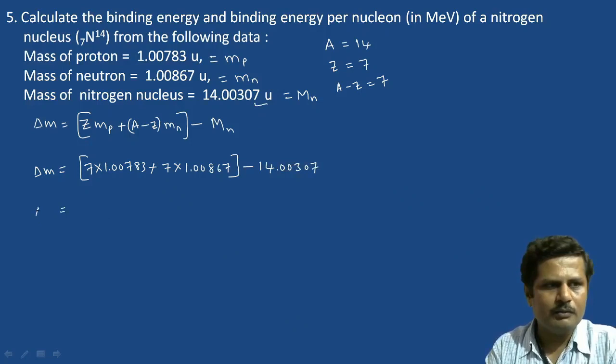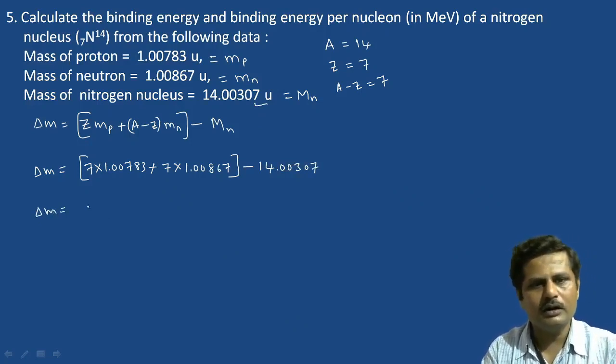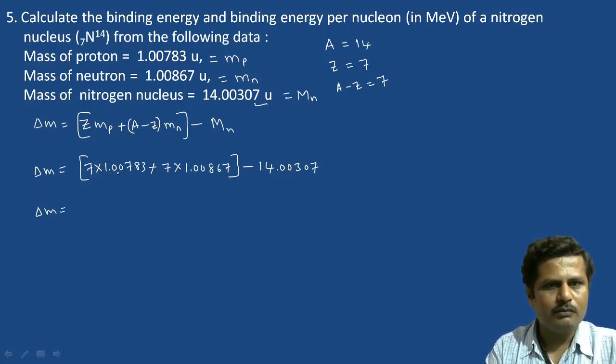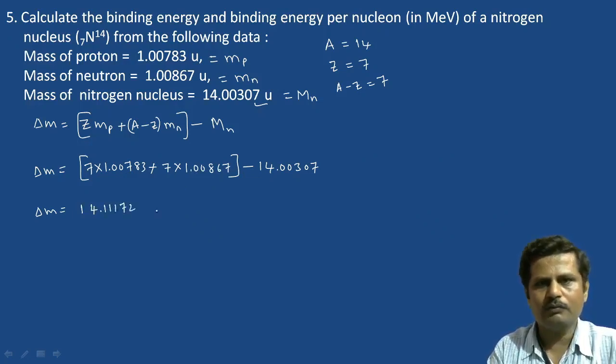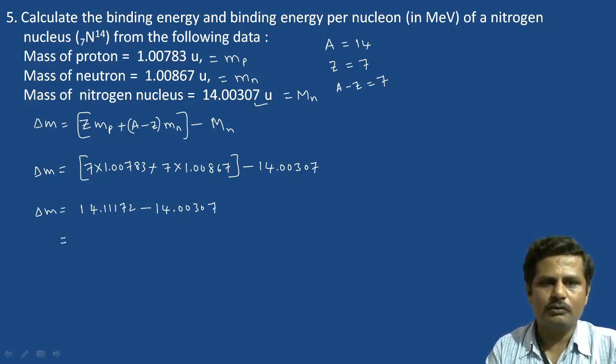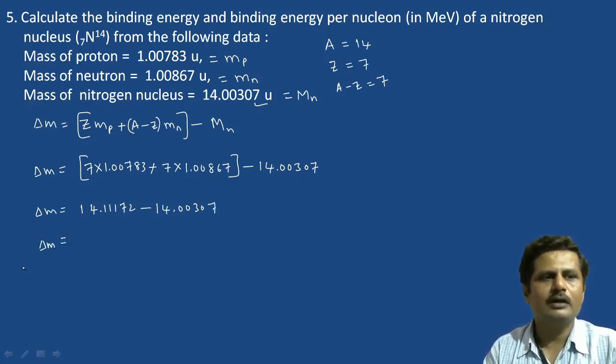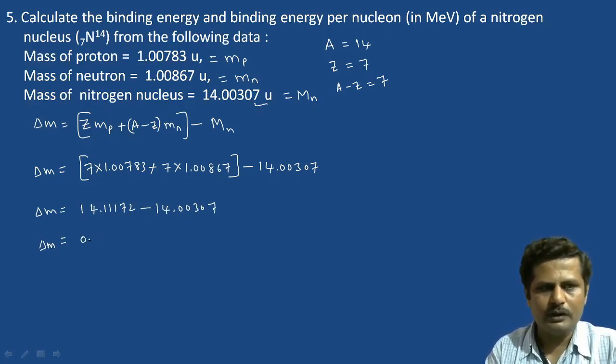Now delta M is equal to 7 into 1.00783 plus 7 into 1.00867. If you calculate this, you will come up with the number 14.11172, minus here we have 14.00307. So mass defect is equal to 0.10872 u. This is the thing you need to give.